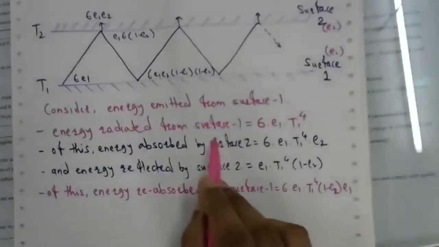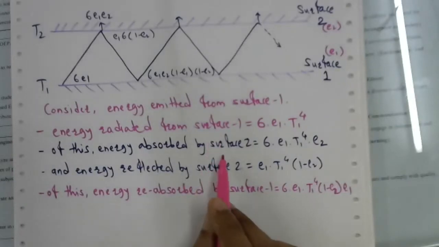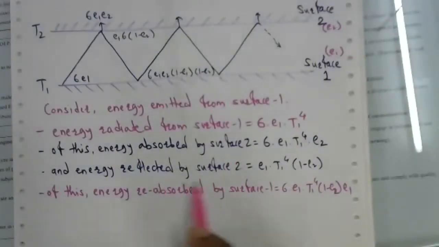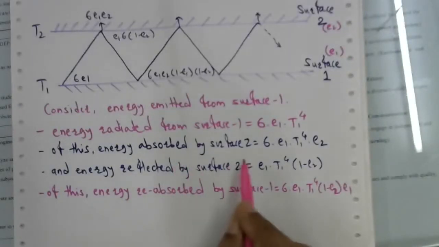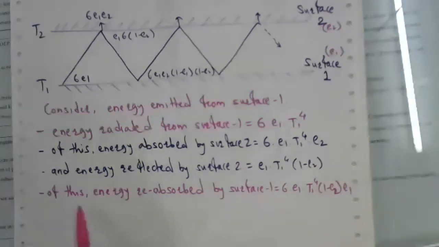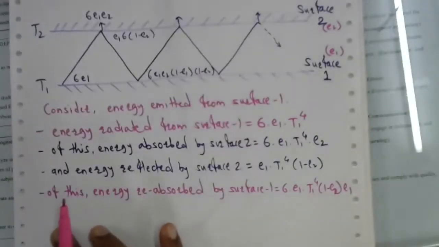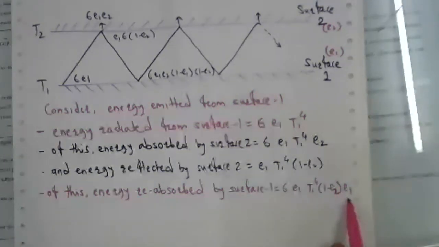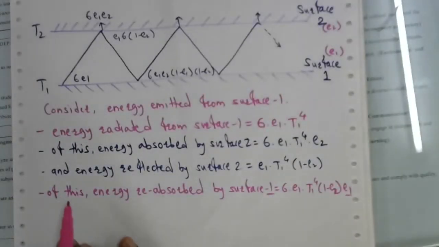From surface 1, the first step is that some energy is radiated. Of that energy, some part is absorbed by surface 2 and some part is reflected by surface 2. The part reflected from surface 2 to surface 1 is partly reabsorbed by surface 1. So it is sigma E1 T1 raised to 4 into 1 minus E2, into E1, the emissivity of surface 1.